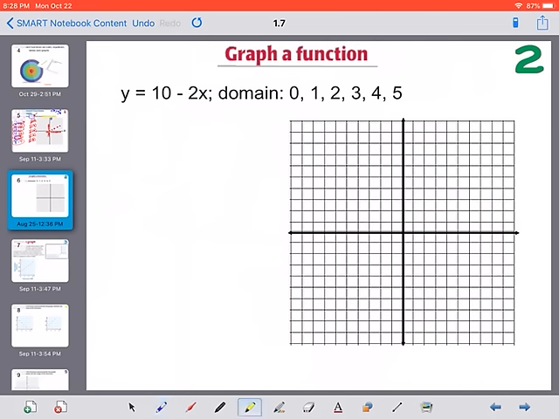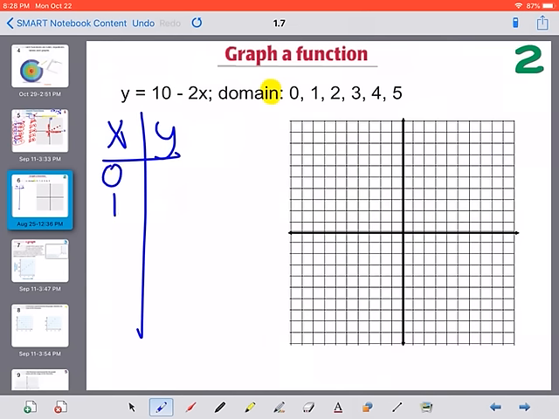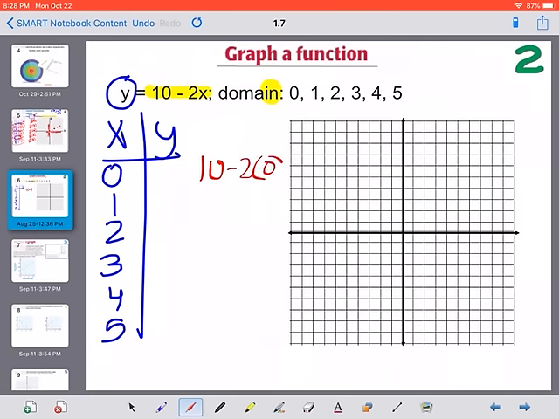They're telling us our domain, what we're plugging in to our table, are the numbers 0, 1, 2, 3, 4, and 5. We need to figure out what is y. So let's plug those numbers in here for x. If I plug in a 0, we have 10 minus 2 times 0.